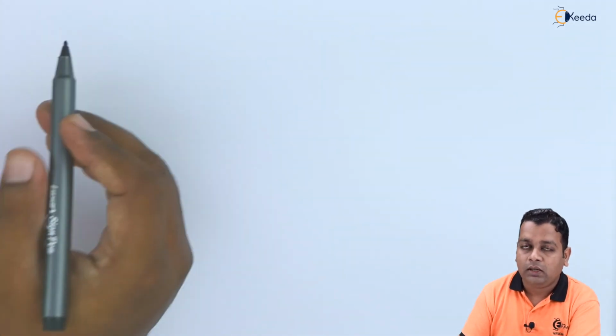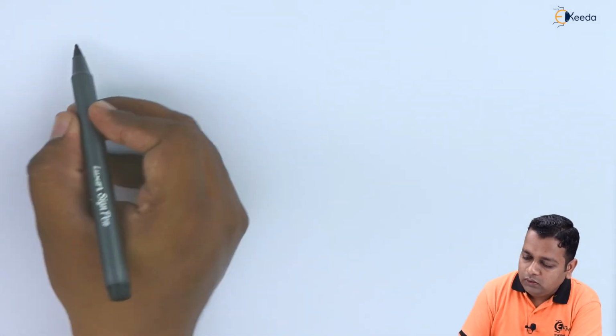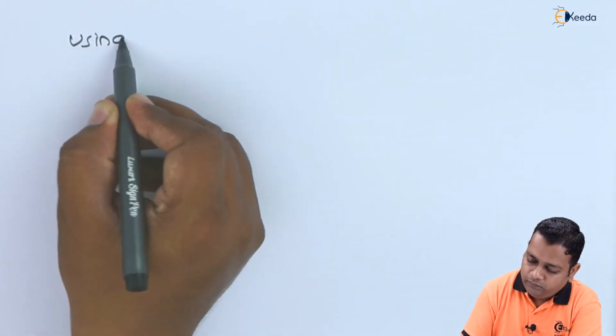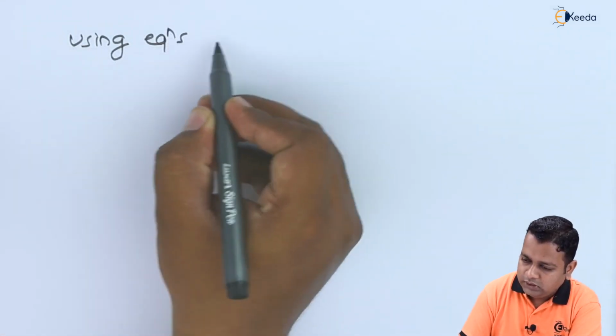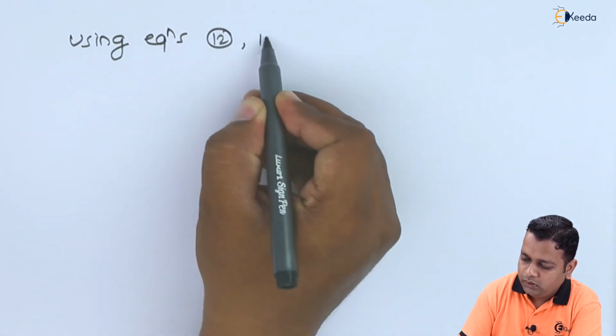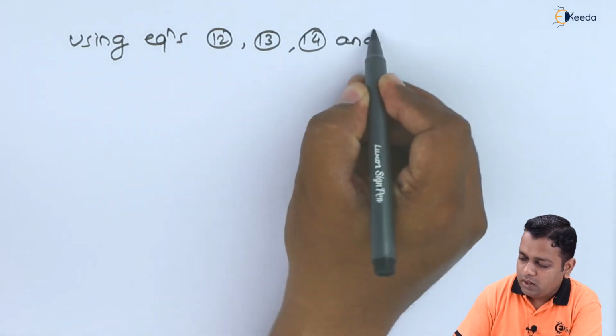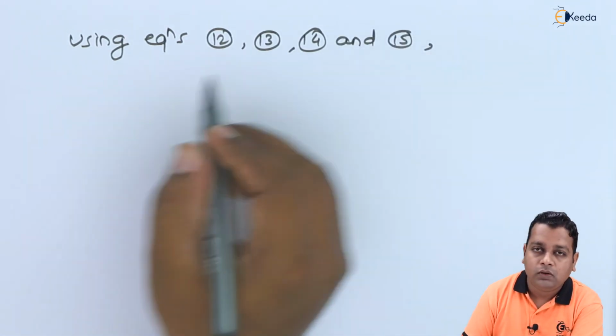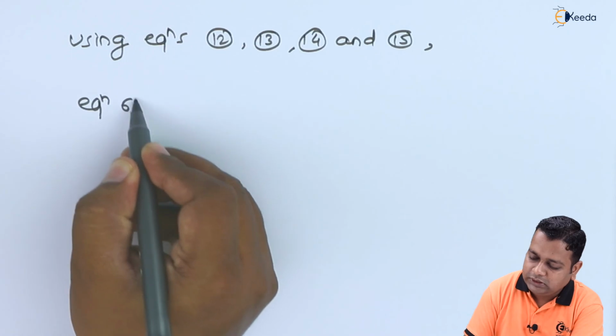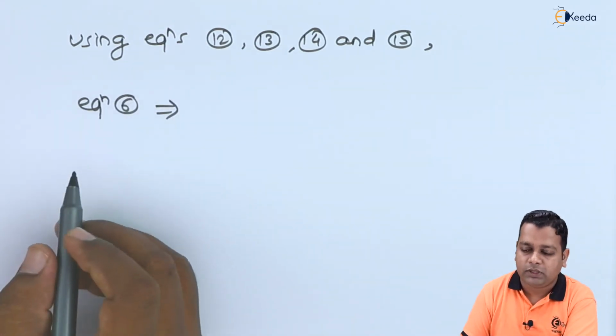Now the scattering matrix we had represented in equation number 6, by the use of the recent equations we can represent again. So now I write using equations 12, 13, 14 and 15, we have equation number 6 giving the new representation.